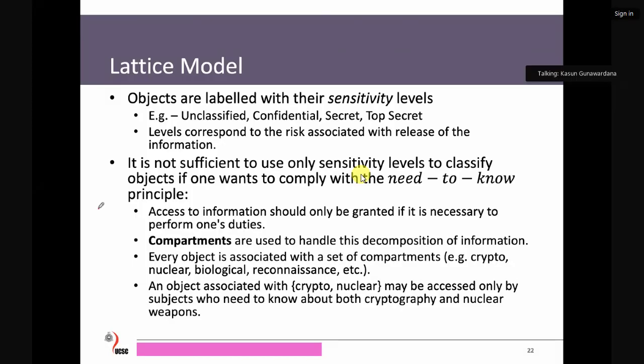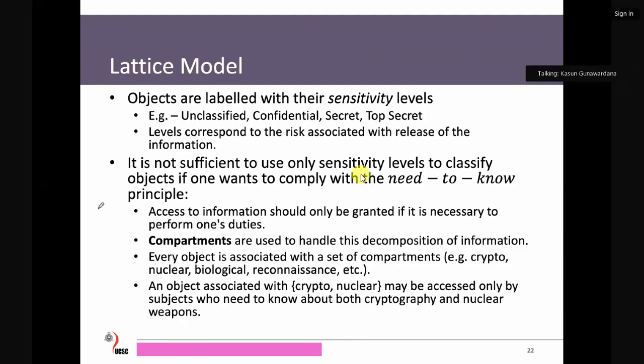Levels correspond to the risk associated with the release of the information. So these security or sensitivity levels correspond to the risk associated with the exposure of the information.